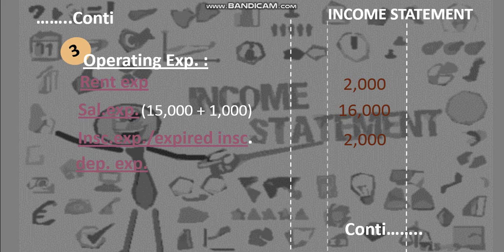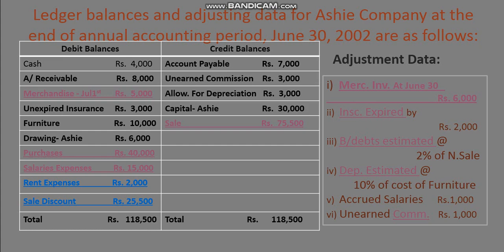The next is depreciation expense. We can find the depreciation expense in the ledger balance and in the adjustment data. In the adjustment data, we have the words depreciation estimated, while we find the allowance for depreciation on the credit side of the ledger balance. Allowance means reserve, and it is subtracted from the fixed asset, so it is part of the balance sheet.